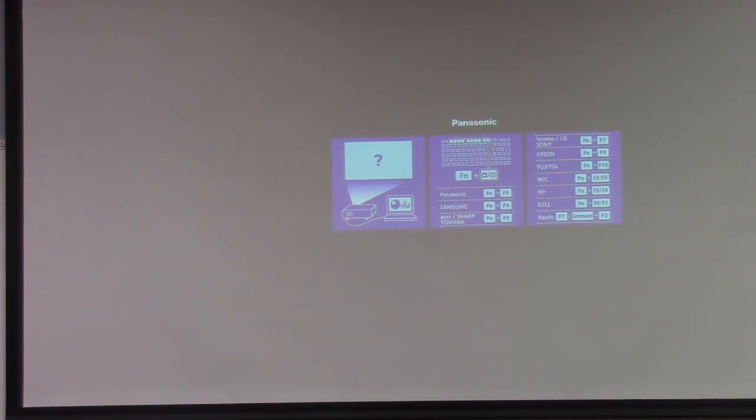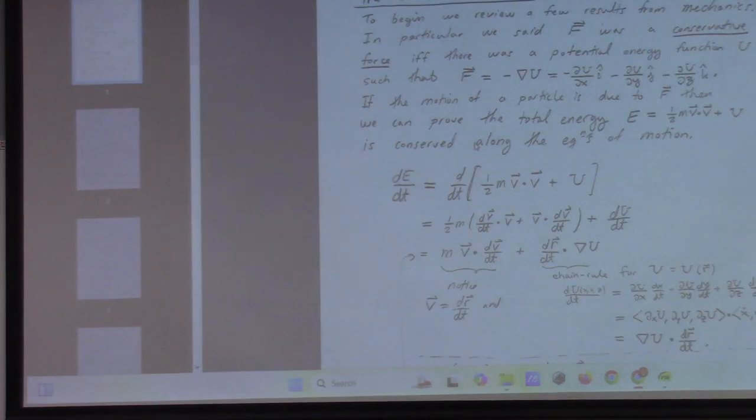All right, so we are currently in the midst of my potential notes. At the start of the potential notes, I derive conservation of energy, and I did things a little bit differently in here than in the notes.